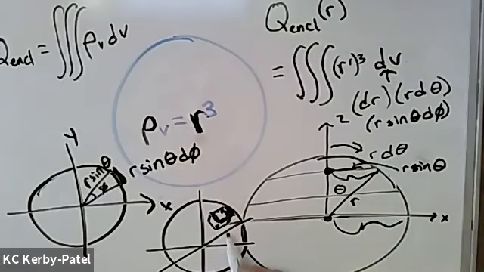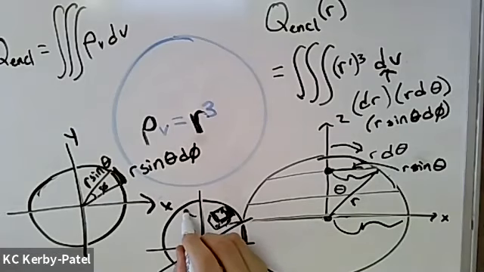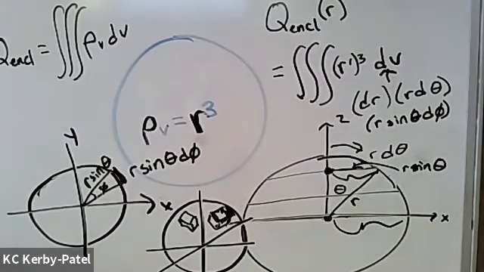And that's my little differential volume. It's really hard to draw this with a marker, but I hope you're able to see it. And differential volumes at different positions on the sphere are going to have different orientations, as you can see, because these are my circles of constant phi, and these are my circles of constant theta.